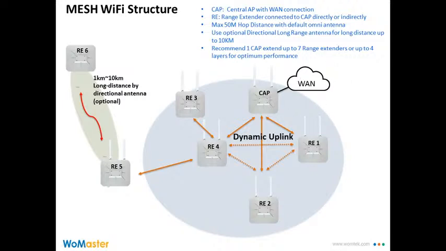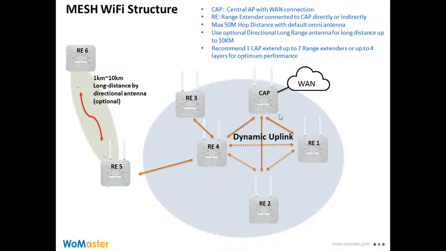It's also a portal of the subnet and responsible for the outer network. Beside the CAP, each node can communicate with each other with the best efficient path. The whole network is built up automatically. According to the technical suggestion, the maximum layer is not over the 7 hop layers.